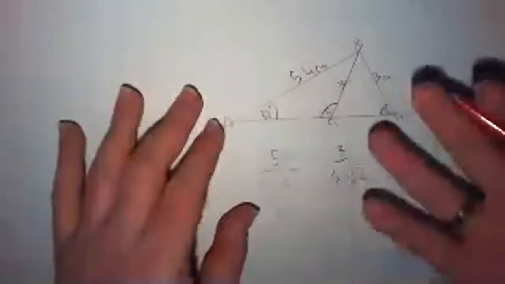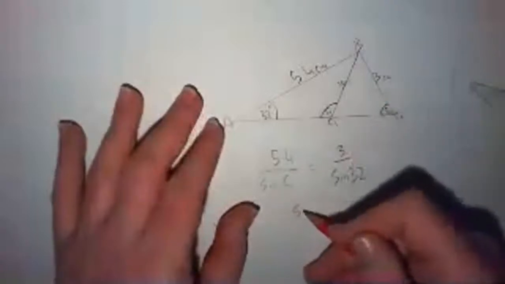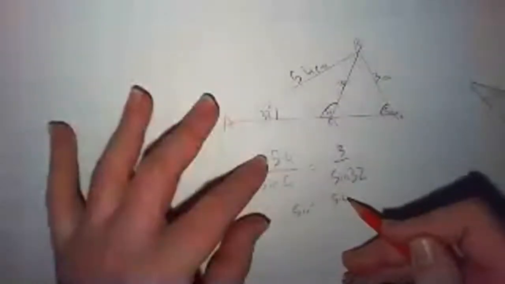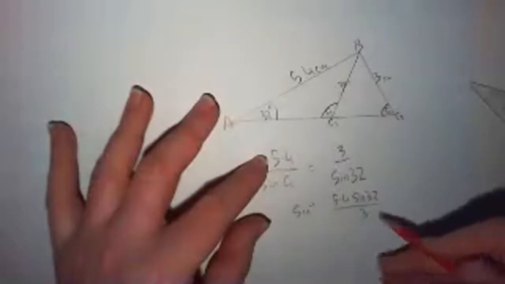So we can get C1 here fairly easily. So we're going to get a sine inverse of 5.4 times the sine of 32 over 3. So sine inverse of, open bracket, 5.4 times the sine of 32 degrees over 3, close the bracket, 72 and a half. Let's go with 72 and a half. That's one possibility for it.